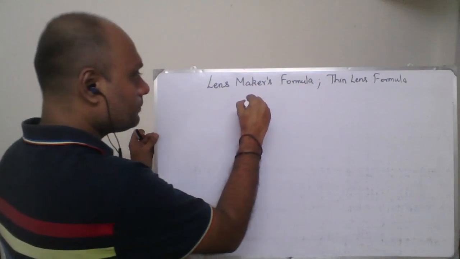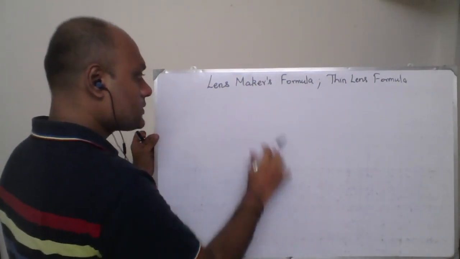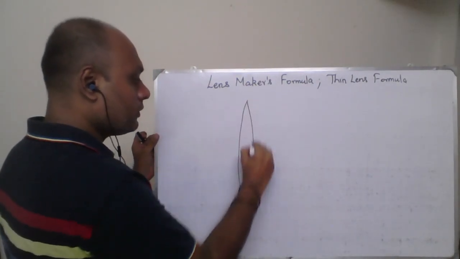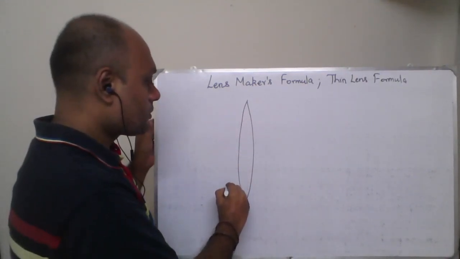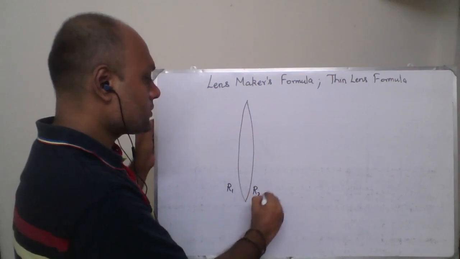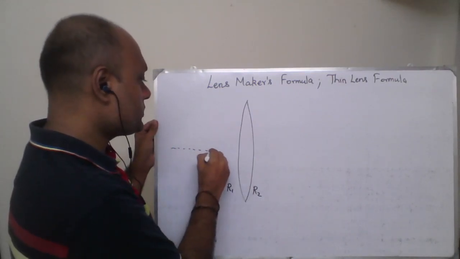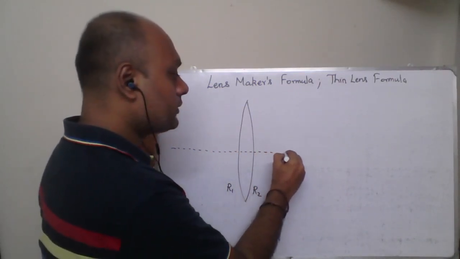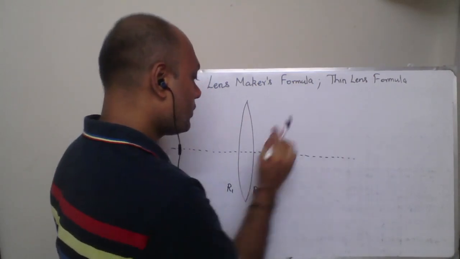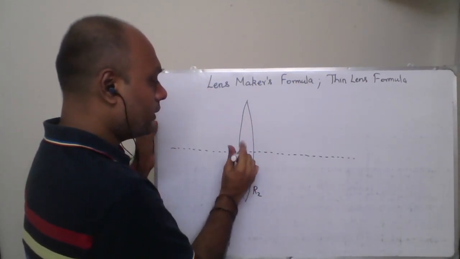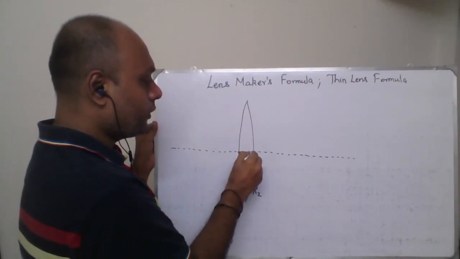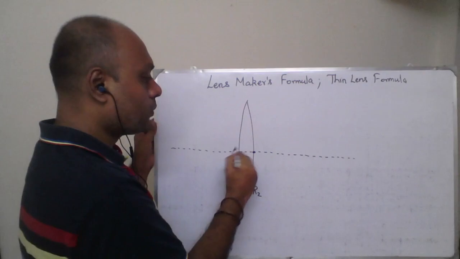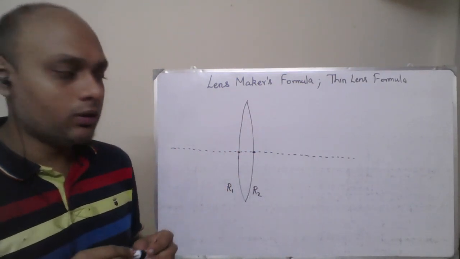Okay, so I'll take a lens like this with two boundaries, radius R1, this side radius is R2, optical axis. Okay, it's a thin lens, so this thickness is going to be neglected. So whether you make the measurement from this point or whether you make the measurement from this point, those measurements are going to be the same.